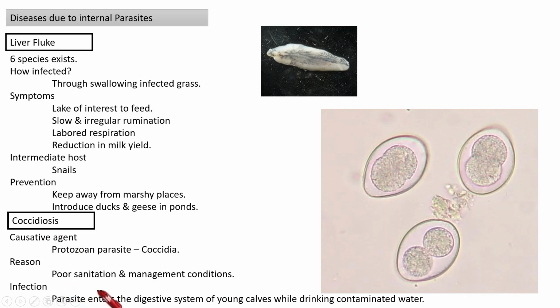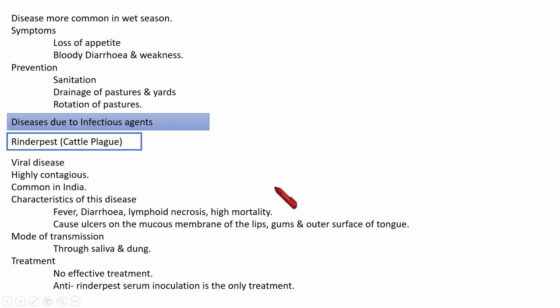What about the infection? This parasite enters the digestive system of young calves while they drink contaminated water. During that time it infects the dairy animal, and it is more common in the wet season.